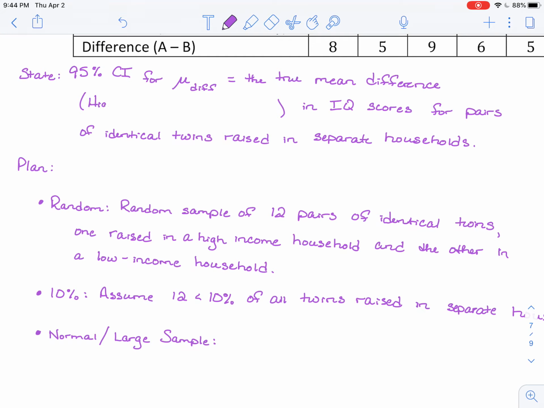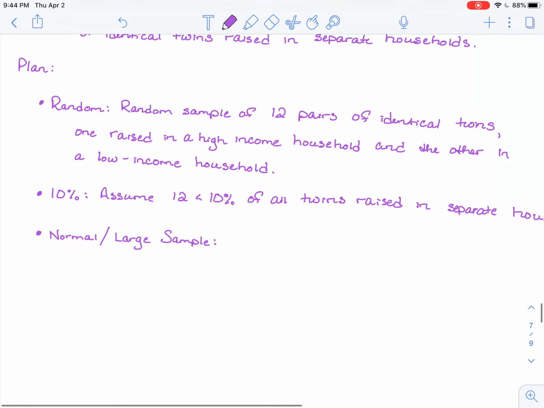Again, this is the population, the true mean difference, and then I'm going to specify what order I'm using. This table had structured it as the high income minus the low income. You are welcome to flip those as long as you have defined what you've done. The order is not the answer as long as you communicate it. So it's the difference in IQ scores for pairs of identical twins raised in separate households.